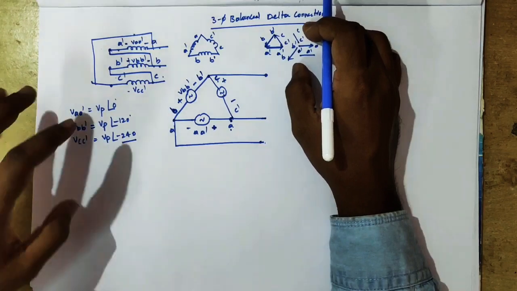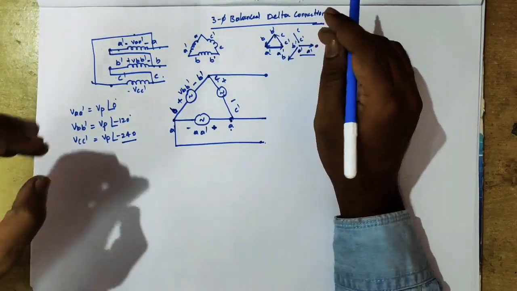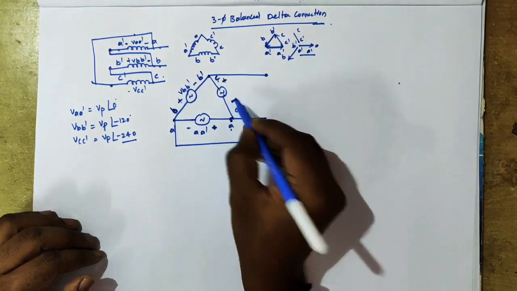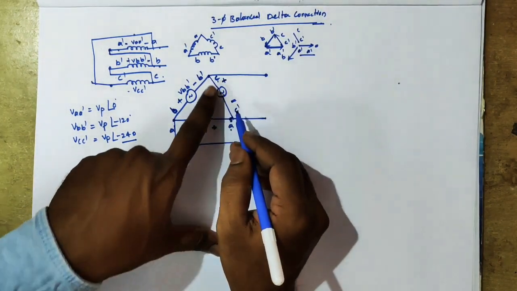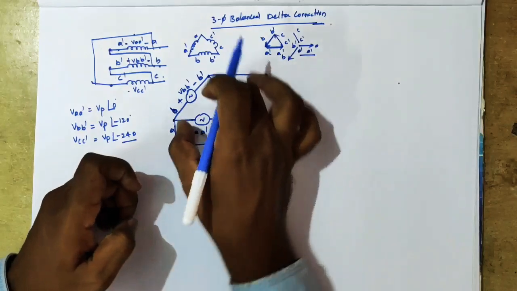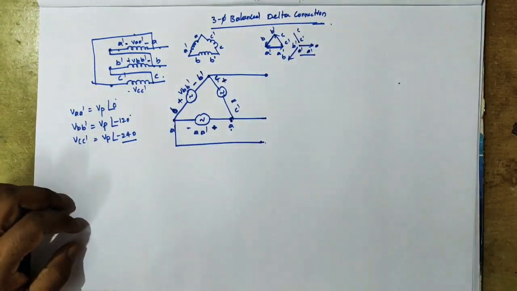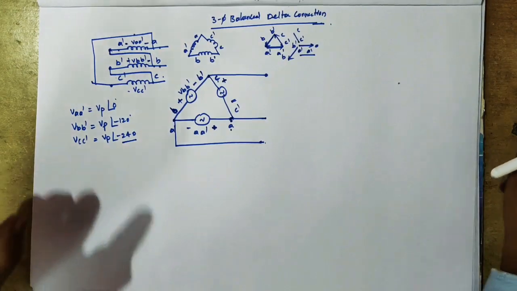We'll see that now. For development of voltage across phases, the voltage developed at each winding is called the phase voltage. What about line voltages between two lines?